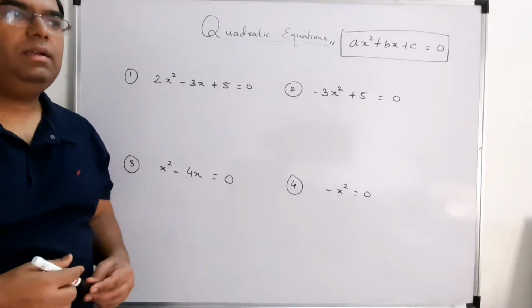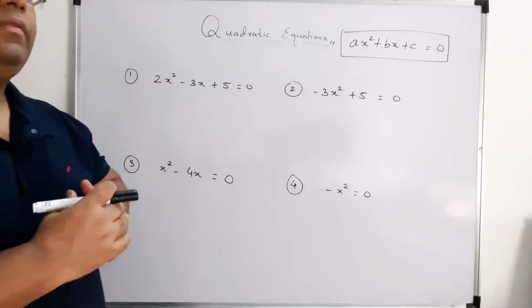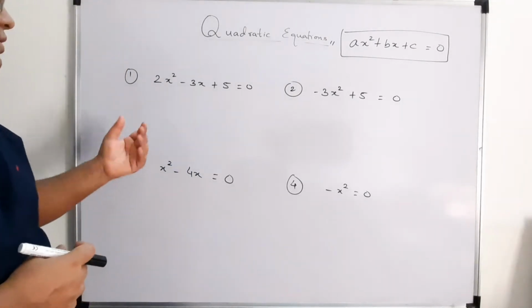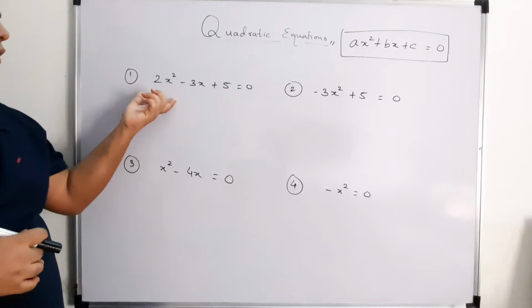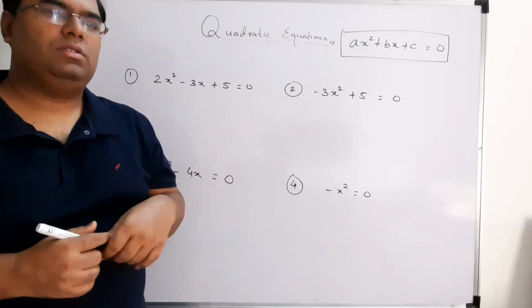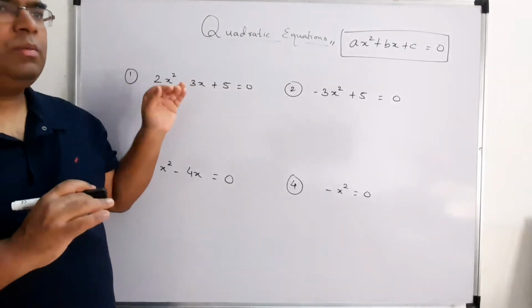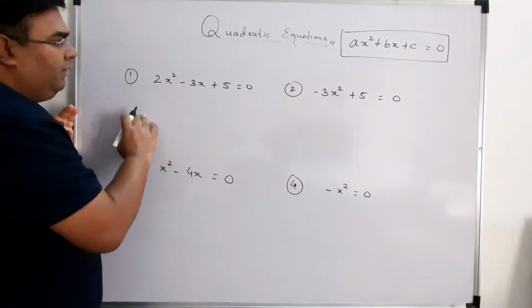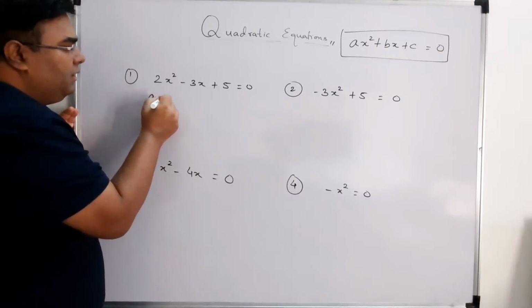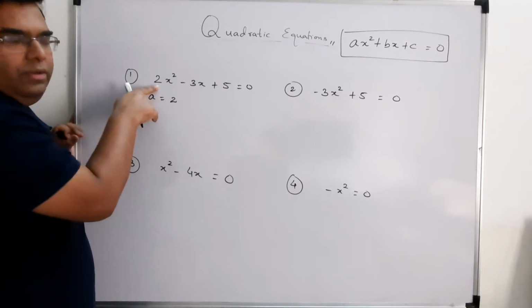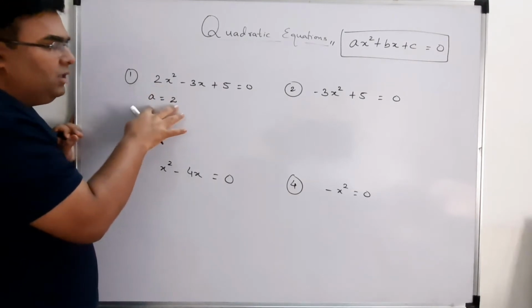Okay, let us understand what are the different varieties you will get in a quadratic equation. First example I have taken is 2x square minus 3x plus 5 is equal to 0. This is the very simple normal general equation. Here, you can compare our a as 2. 2 is the coefficient of x square, so a is equal to 2.